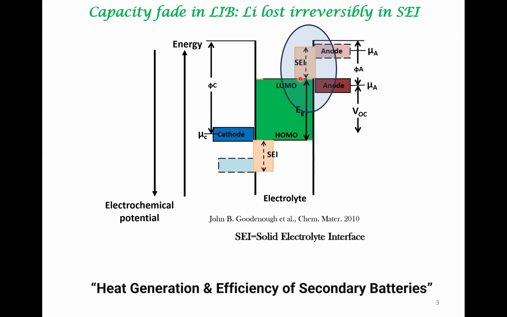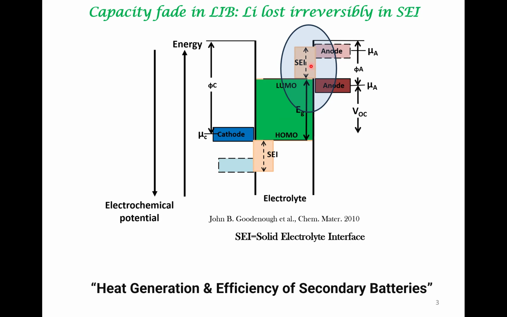As the solid electrolyte interface is formed, in a way, this is a useful feature, because it suppresses further corrosion at this interface. But while this is being formed, some lithium gets accumulated irreversibly. That is not available for further cycling.